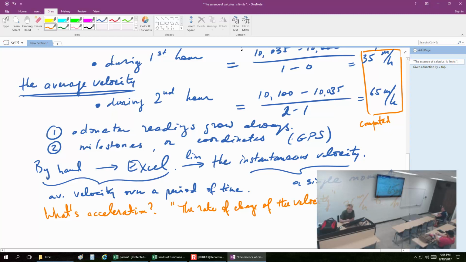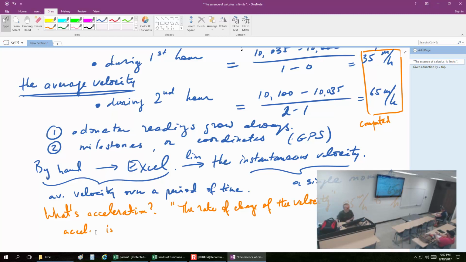And so the acceleration will be, this time you have a 1-hour interval. It is actually not a 2-hour interval, because there are 2 consecutive intervals of the velocity, and during the first one the velocity was 35. That's the only data that we have.